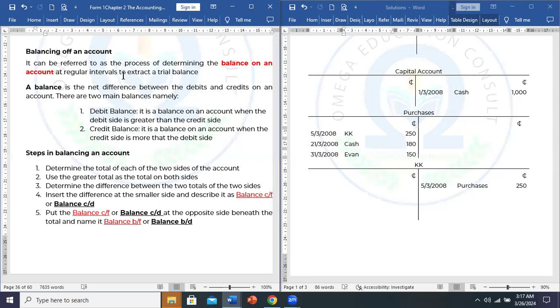A balance is the difference between the debit side and credit side of an account. There are two main balances, debit balance and credit balance. What is a debit balance? A debit balance is a balance on an account when the debit side is greater than the credit side.